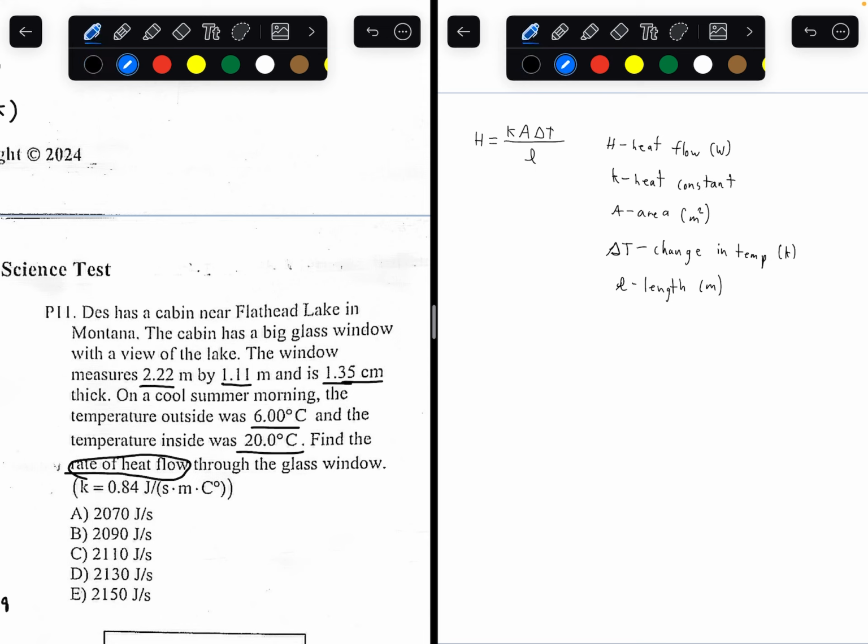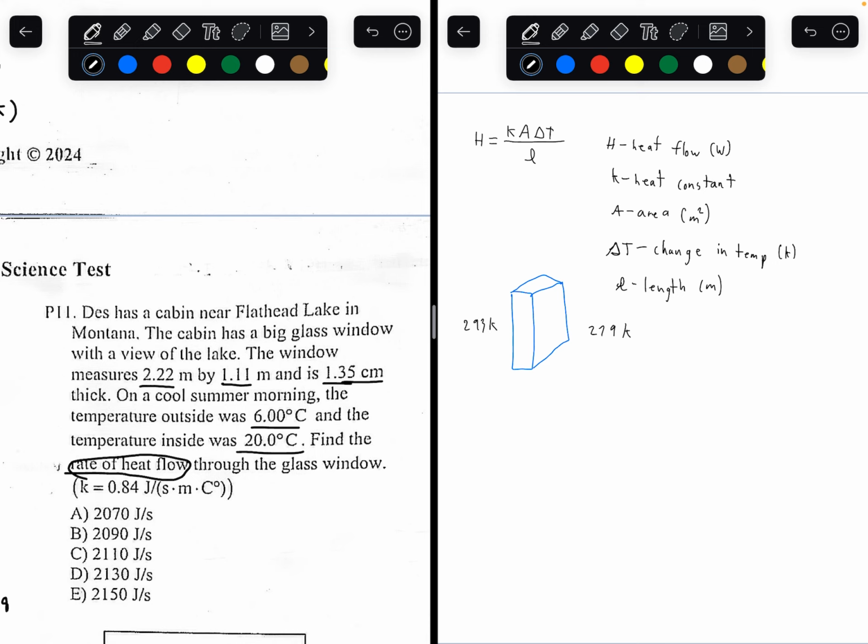So let's diagram what the problem's asking. In blue, we have a rectangular prism. So that's the glass window. And the red would be the heat. On the outside, it's 6 degrees Celsius or 279 degrees Kelvin. On the inside, it would be 293 degrees Kelvin.